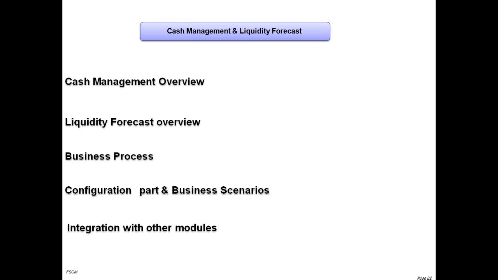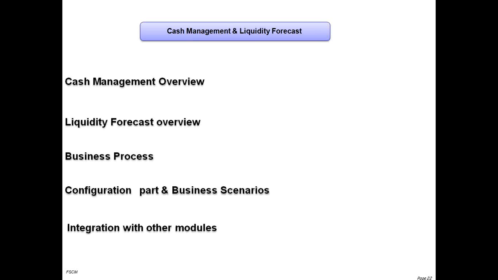How do we maintain the same thing in the system? Are there any planning levels, or any source systems in the FSCM module designed for the purpose of integration? That we will learn in future. Okay.